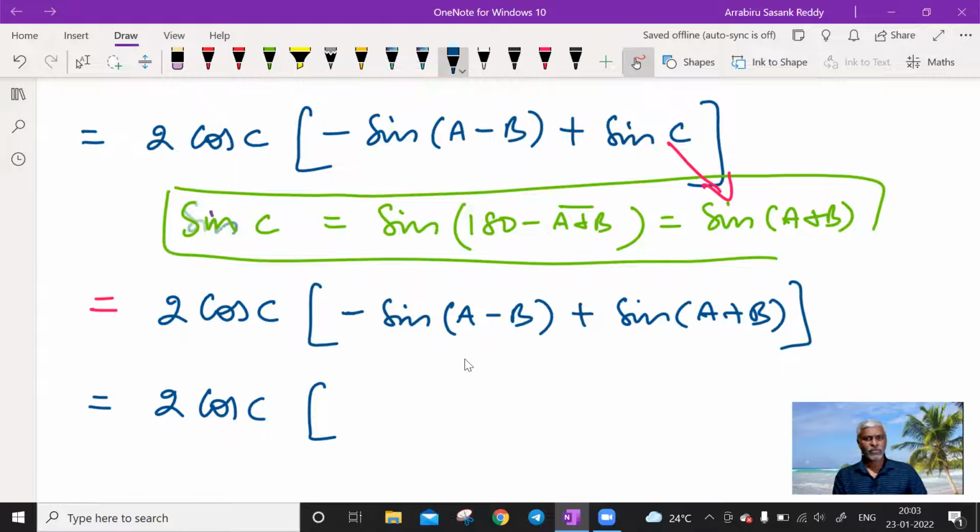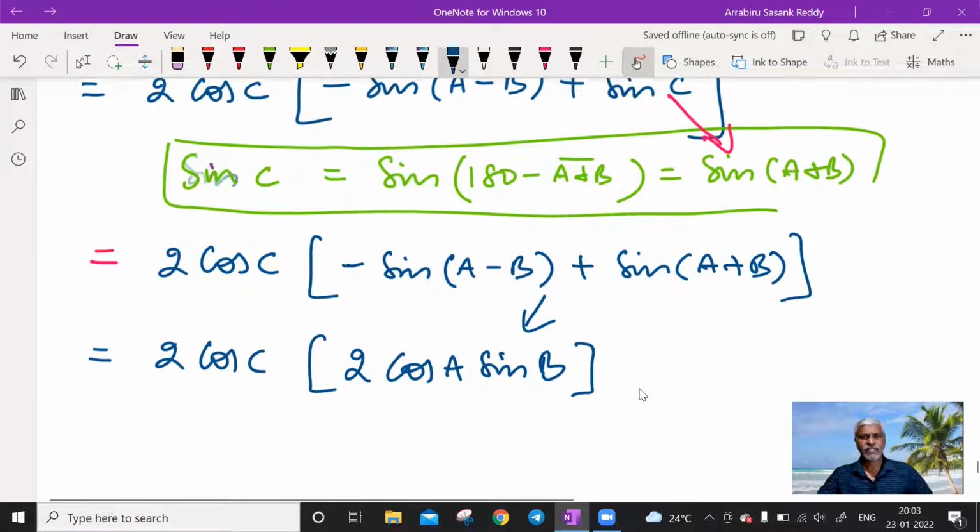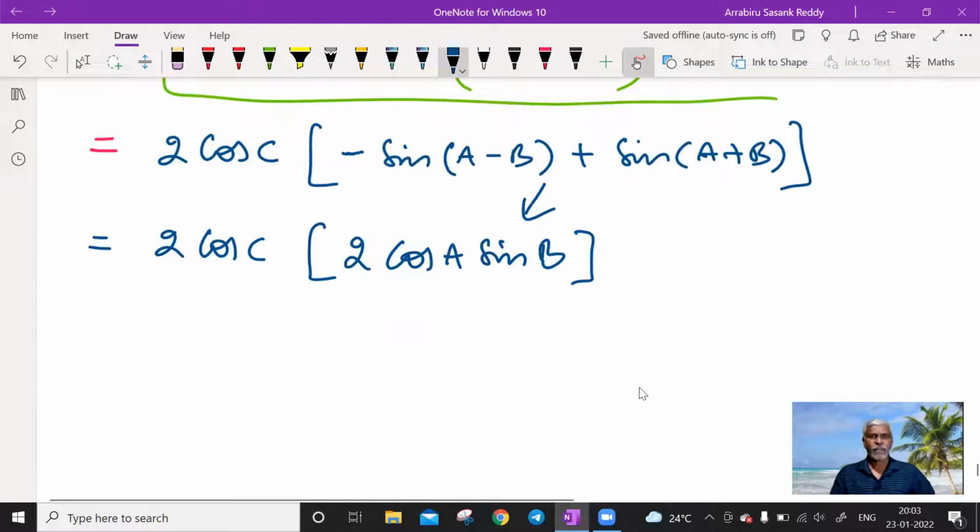So this is 2 cos A sin B. This value is 2 cos A sin B. You can check it with the right side answer.